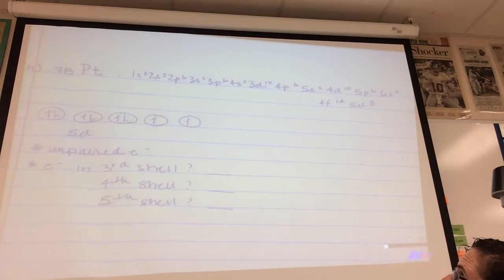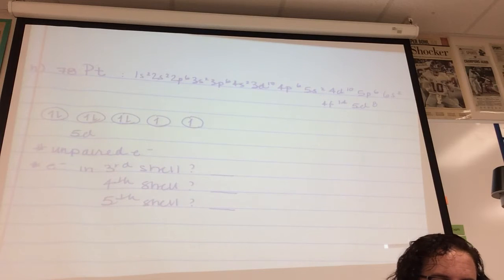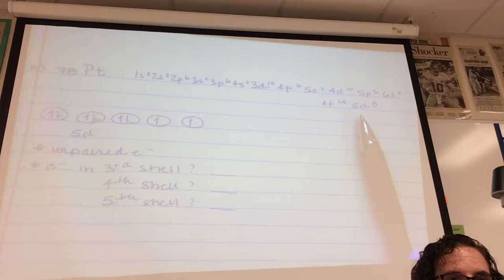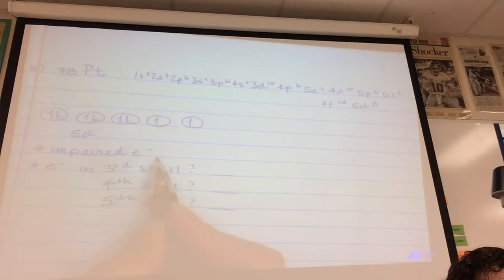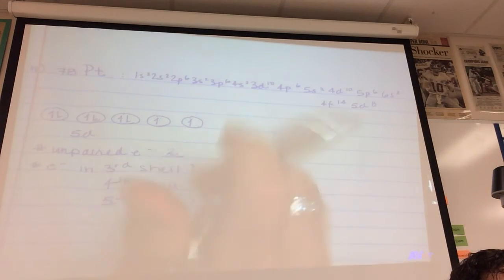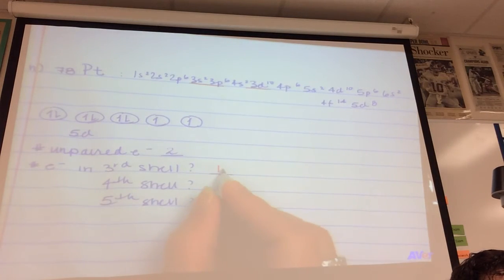We can do them together. Is that what you got? Yes, yes? See, I told you you'd be able to do it. Now you'll believe me. Okay. How many unpaired electrons? 2 is correct. 1, 2. Now, how many electrons in the third shell? Again, anywhere n is 3, 18 is correct.